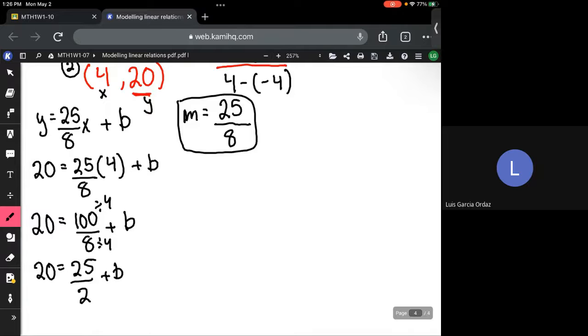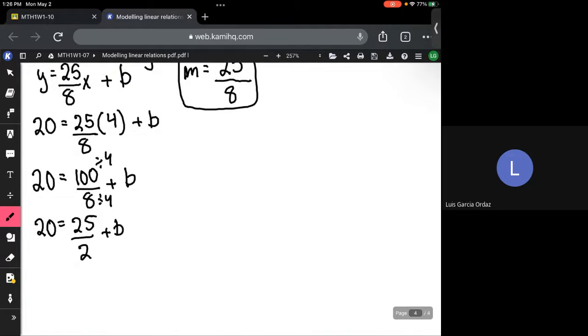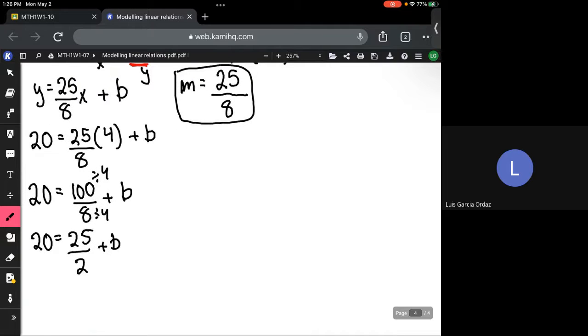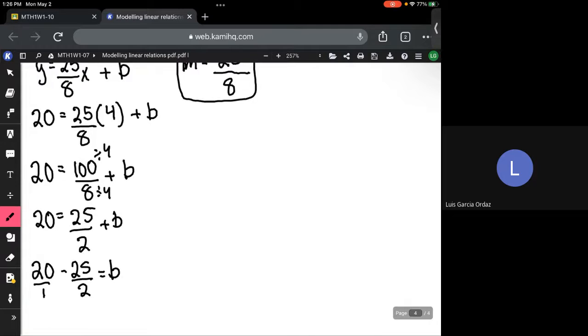So in order to isolate for b, what do I need to do, or what has to happen? b has to be left by itself. 25 over 2 to the other side, so it becomes minus. Yep. 20 minus 25 over 2 is equal to b. 20 over 1. And as you can see, my denominators are not the same.